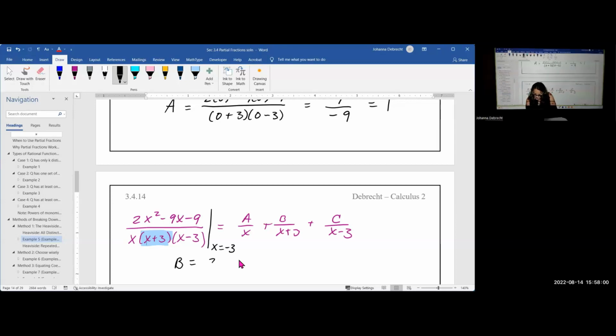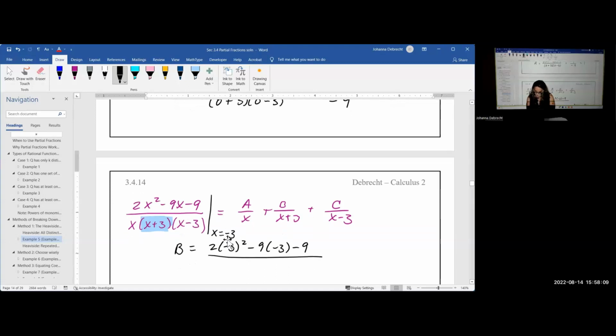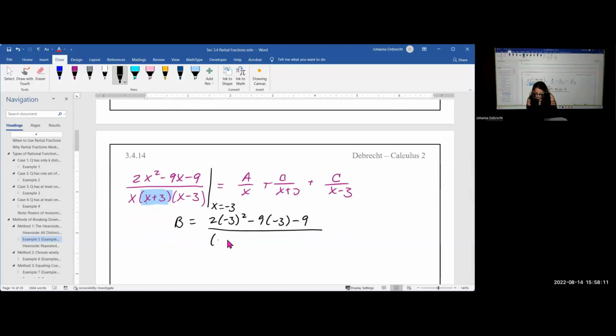So this is going to give me 2 times negative 3 squared minus 9 times negative 3 minus 9 in the numerator, over what's left in the denominator, which is negative 3. Omit the factor you covered up: negative 3 minus 3. This is going to take me a little more work. 9 times 2 is 18 plus 27 minus 9, I'm getting 36 in the numerator.